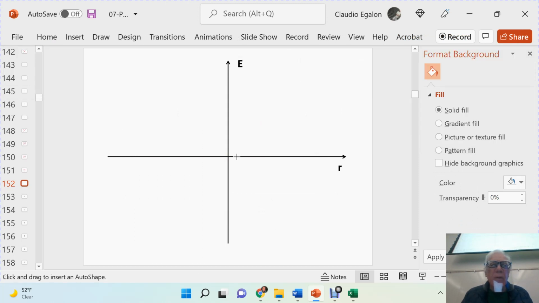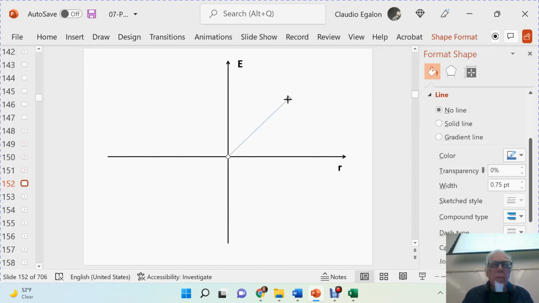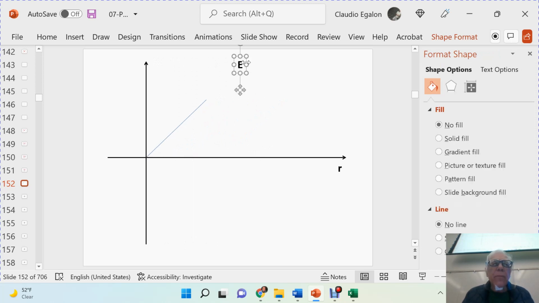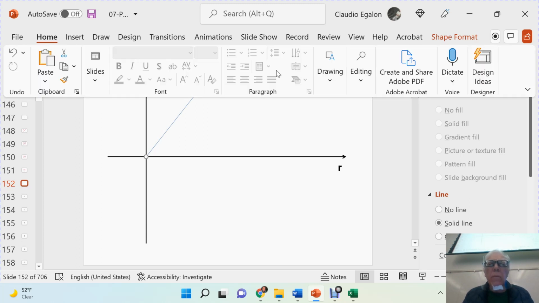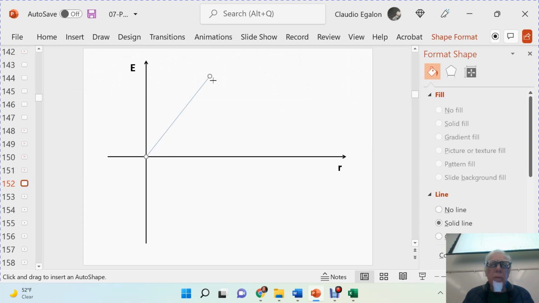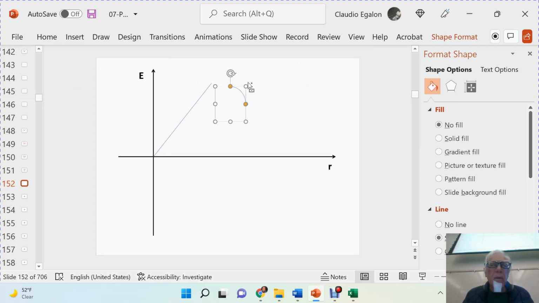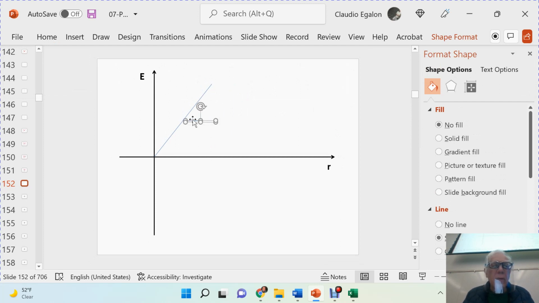The electric field increases linearly and then decreases with the square of the distance.